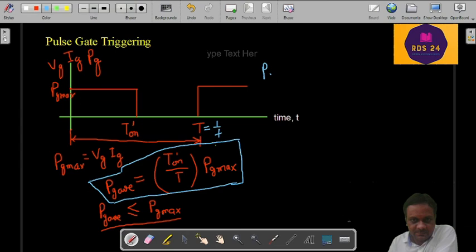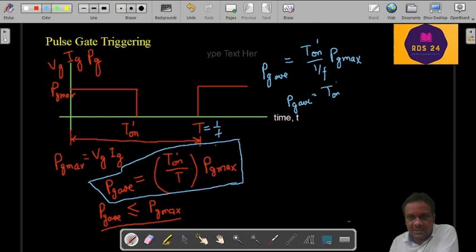PG average is equal to T on dash divided by 1 upon F into PG max. So PG average is equal to T on dash F PG max.